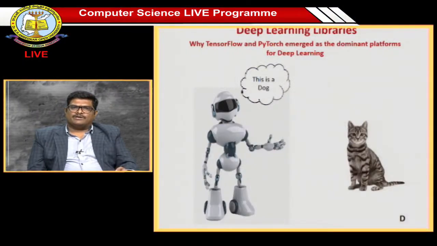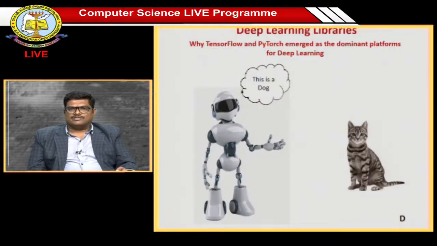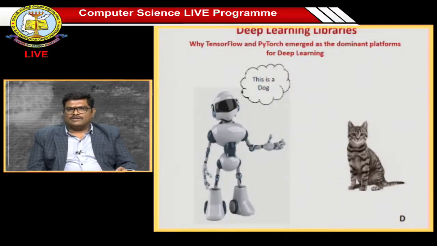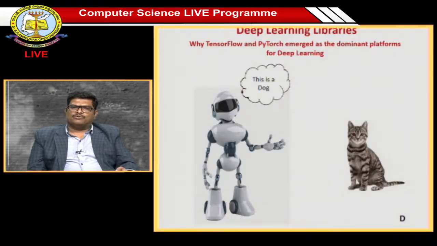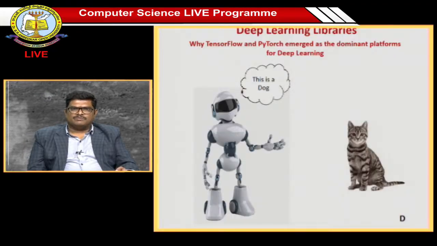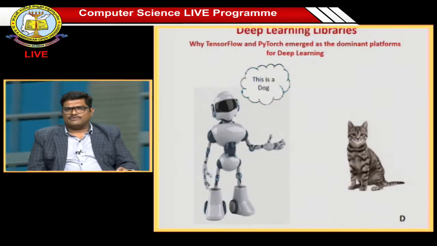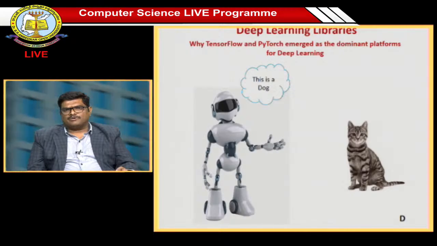Initially, while we are training, it may misclassify a cat as a dog or as another animal. As you keep on training these robots by using various deep learning models, finally it identifies correctly what is a cat and what is a dog.